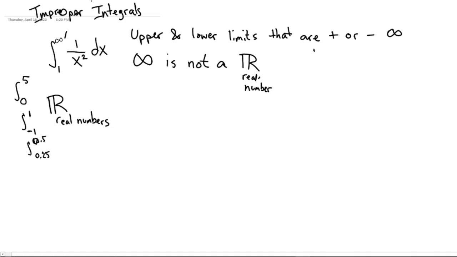And typically with improper integrals, you can have one that has a lower limit and a real number. You can have an upper limit and a real number. You can even have both. The bottom limit is negative infinity and the upper limit is positive infinity.